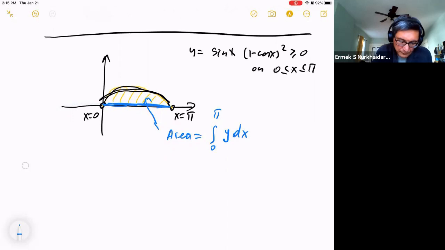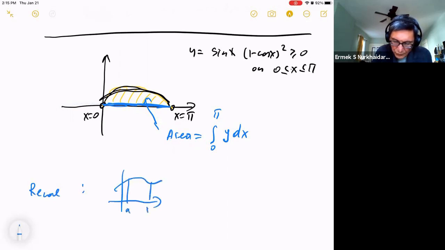Okay? Because if the curve is above x-axis, then area of a region bounded by that curve is going to be equal to integral. Recall, if we have positive function on interval from a to b, and we are looking for this area, it equals integral from a to b y dx.